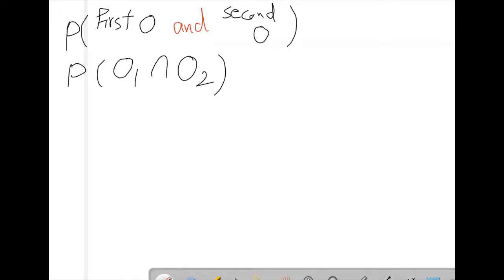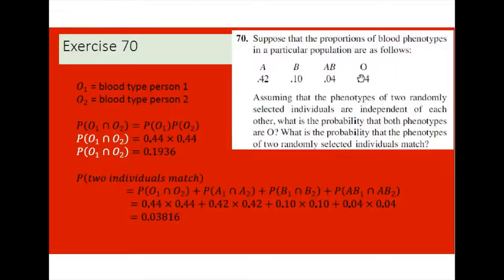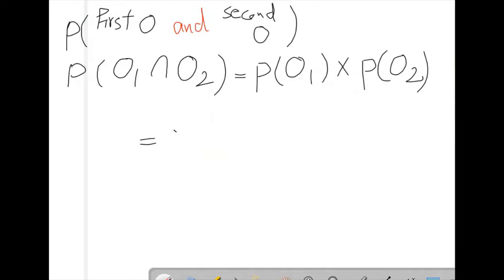They are independent according to the question. So the probability of O1 intersection O2 is the probability of O1 times the probability of O2. The probability of O is 44%. So for the first one it is 44%, and for the second one it is 44%.